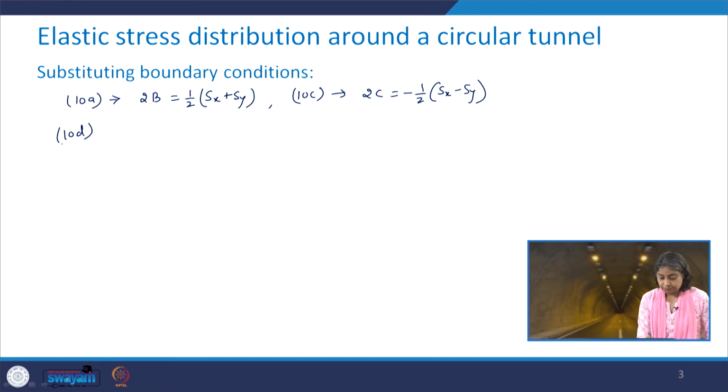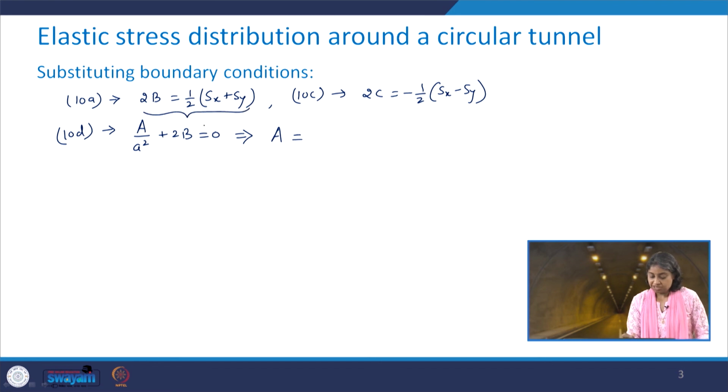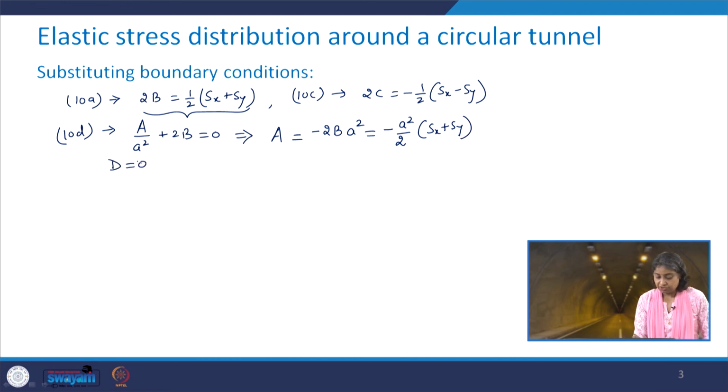Then 10d was A upon a square plus 2B equal to 0, and from here you can determine the constant A in terms of the constant B. So this is going to be minus 2B into a square, and then for 2B you just substitute this, so minus a square upon 2 (Sx plus Sy). Then we have D equal to 0 already.